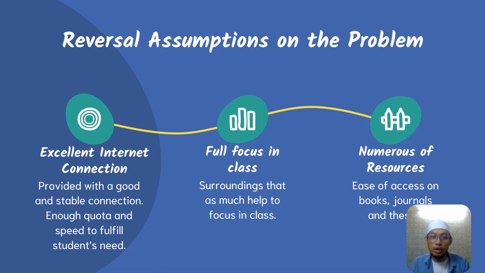For the third part, we stated that the student had limited resources. So we reverse it into numerous resources. This means the student has easy access to books, journals and theses.